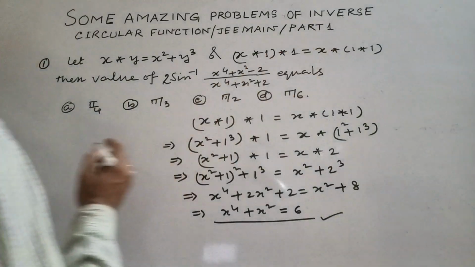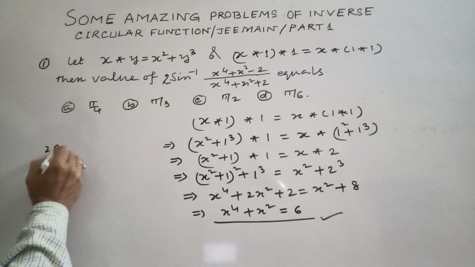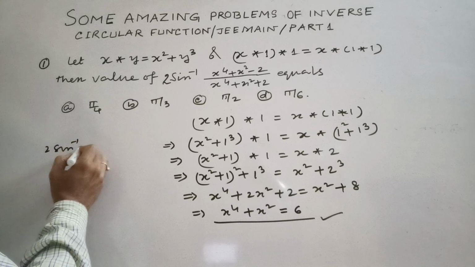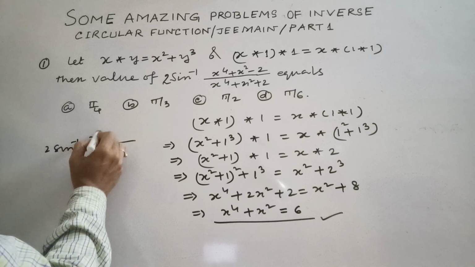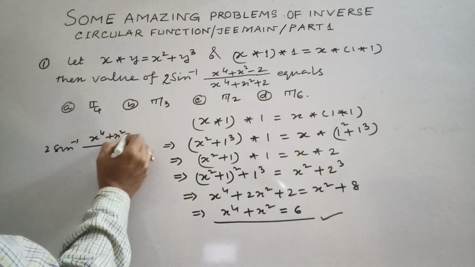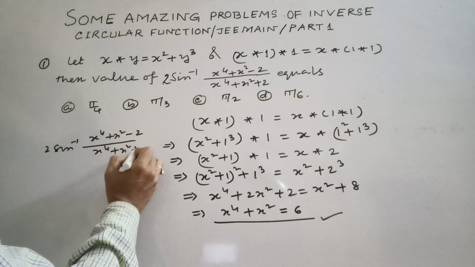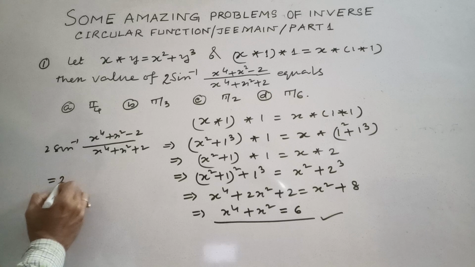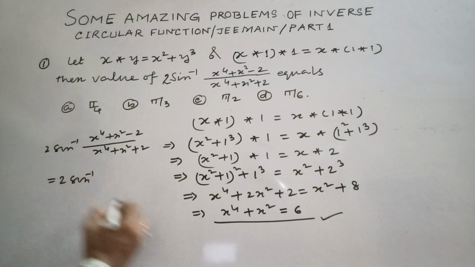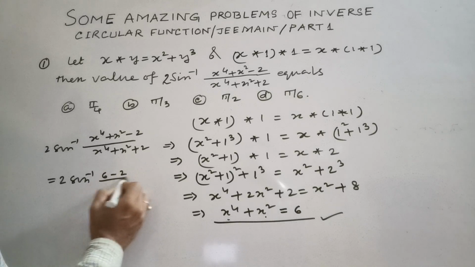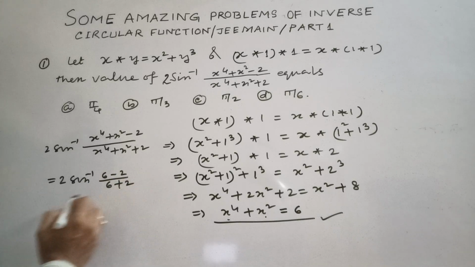Now it is very simple. So 2 sin inverse, (x to the power 4 plus x square minus 2) by (x to the power 4 plus x square plus 2). Put the value of x to the power 4 plus x square. This is (6 minus 2) by (6 plus 2).